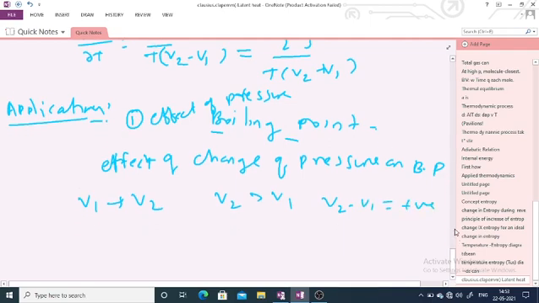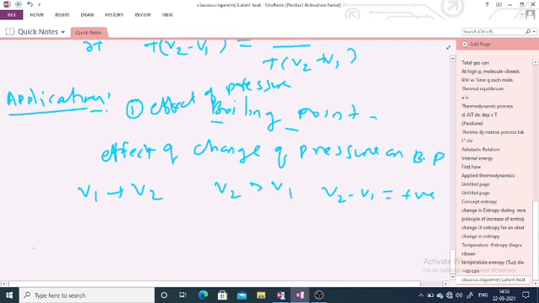If V2 minus V1 is positive in your equation, then dP upon dT is also positive. It means if you increase the pressure, the boiling point also increases. If you decrease it, the boiling point decreases.